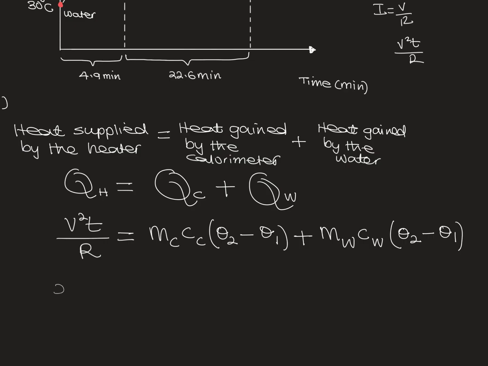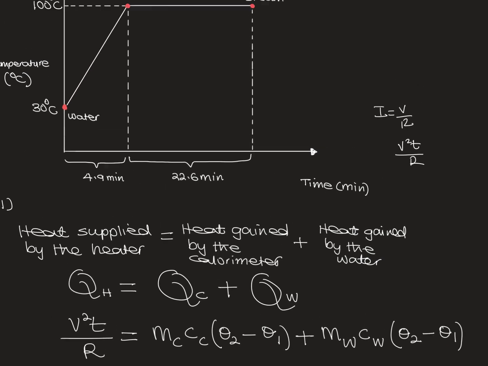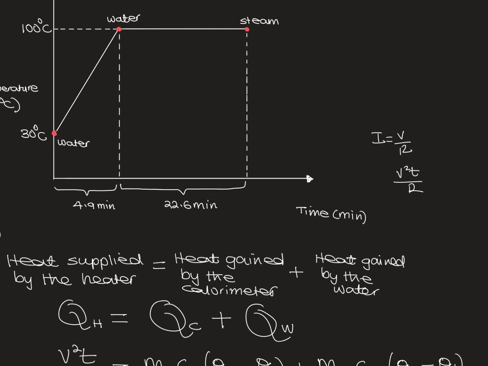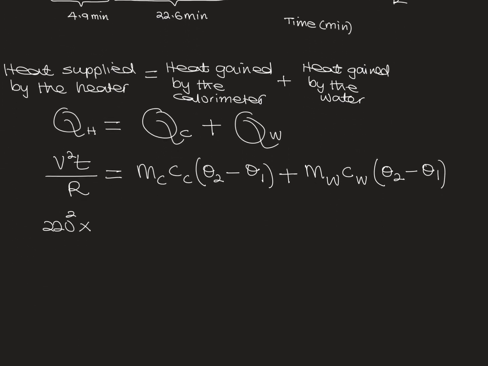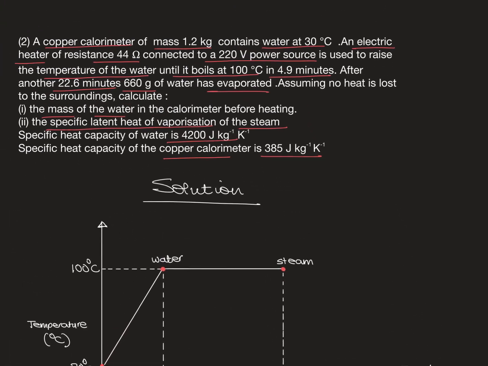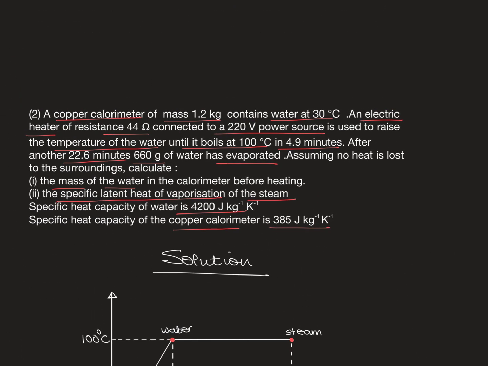Voltage is given as 220. So we square that, multiply by the time taken to heat the water from 30 degrees Celsius to 100 degrees Celsius, which was 4.9 minutes. If you convert that to seconds by multiplying by 60, you have 294 seconds. So that is 294 divided by the resistance given in the question, which is 44 ohms.